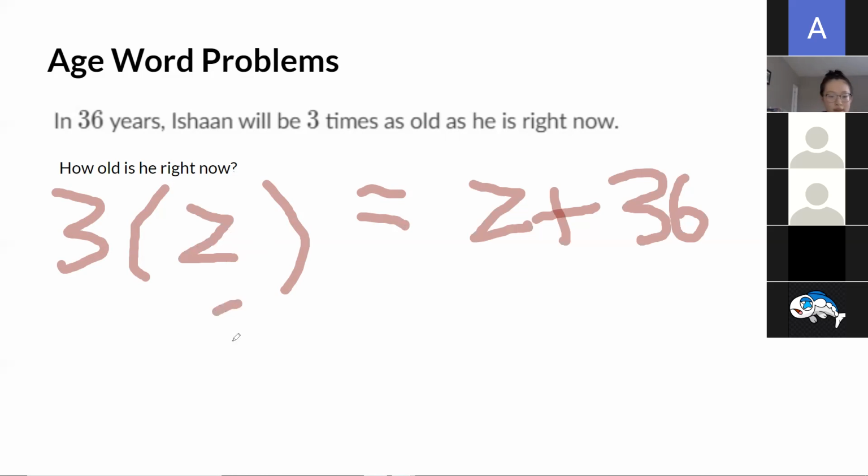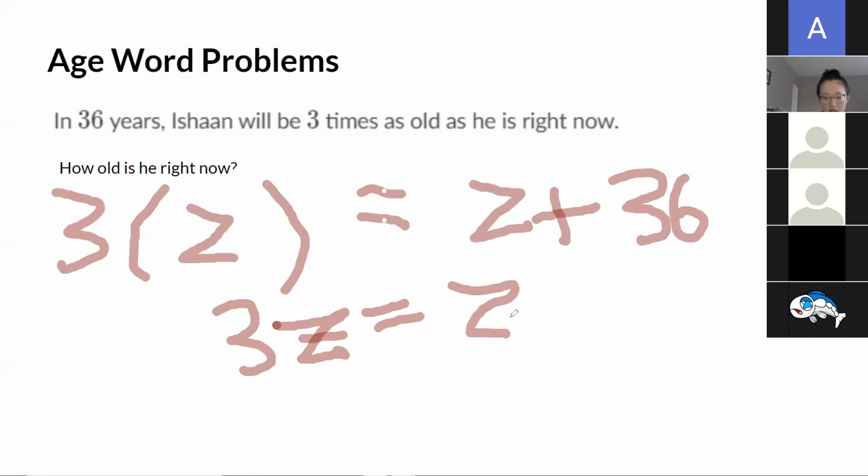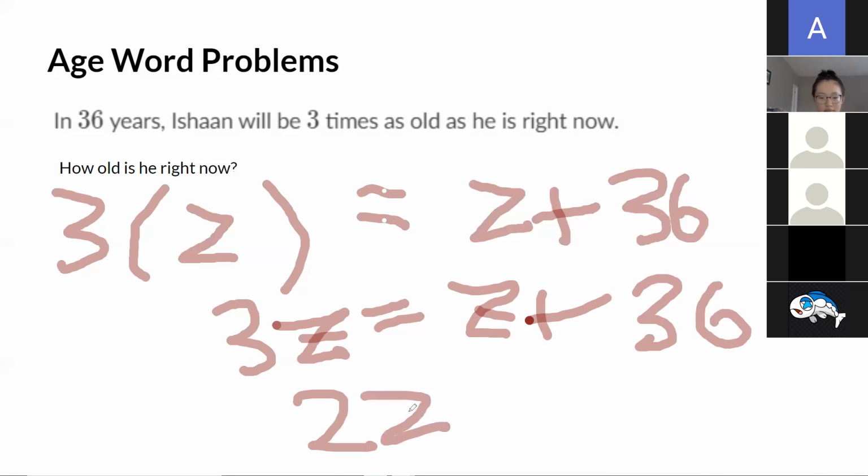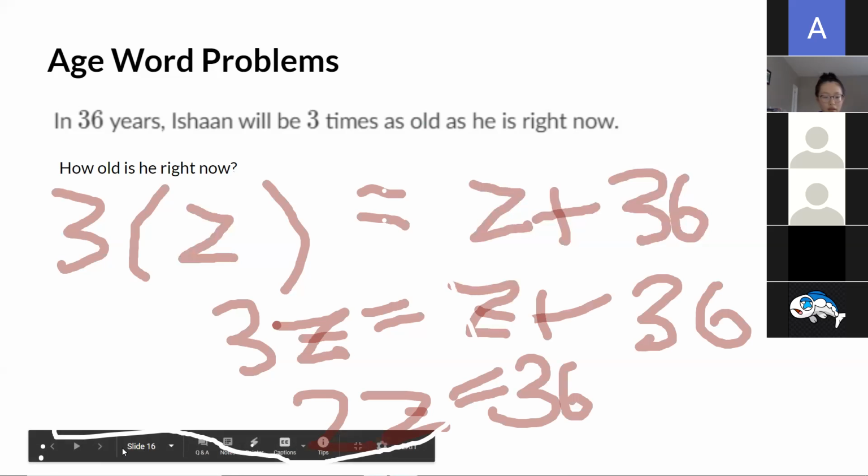So then we could simplify this. 3Z equals Z plus 36, and then 2Z equals 36. And then you would just divide both sides by 2, and you would get 18 years old.